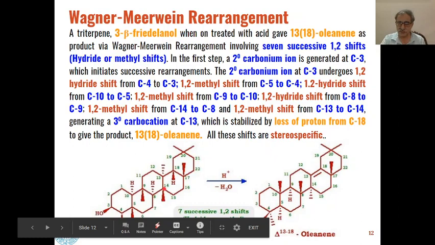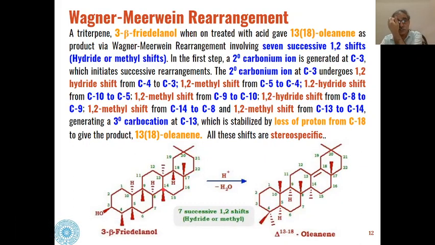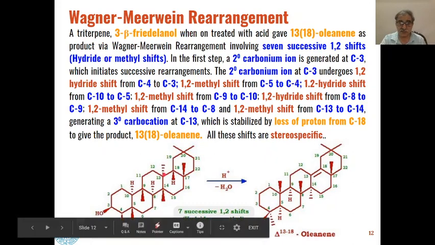This is C14. This methyl will shift to this carbon, and now we will have a carbocation at C14. Then this methyl from C13 will shift to C14, and that means now we will have a carbocation at C13.